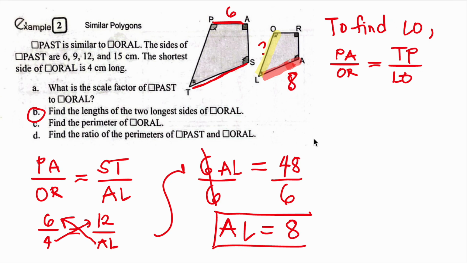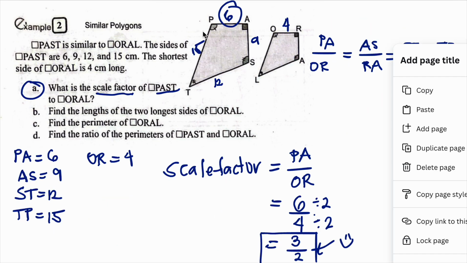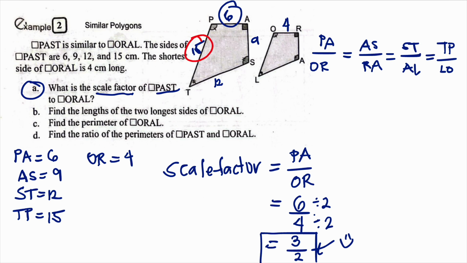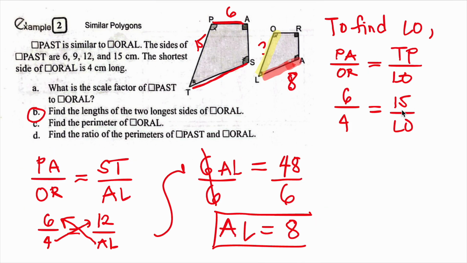As you can see, it is very efficient if we know this scale factor. We know that the scale factor PA over OR is 6 over 4, and that is equal to 15 over LO. Where did we get this 15? This TP is from the given. So, same method again, we have LO times 6.